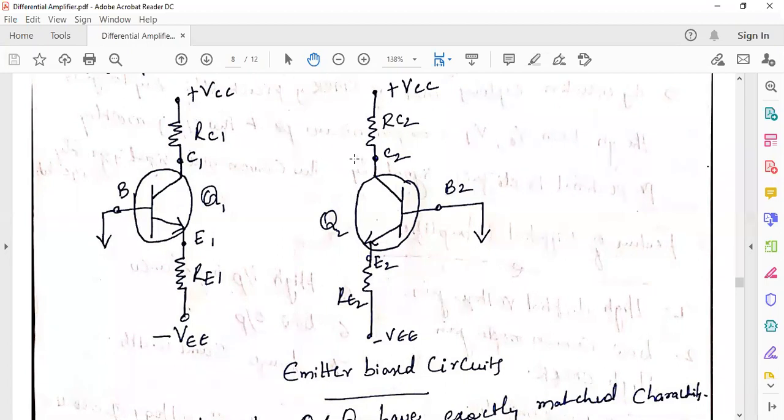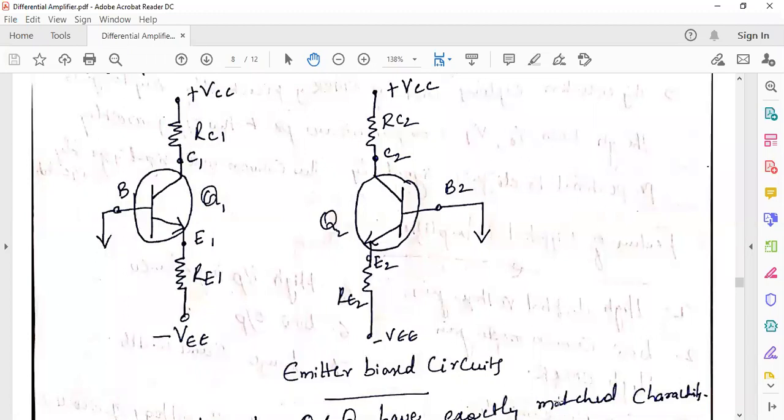So also we have some leakage current due to minority carriers, right? So those leakage currents and the basic currents flowing through the transistor, that is base current, emitter current. Similarly, the H parameters, H values, right? Those are all identical or equal for these two transistors.